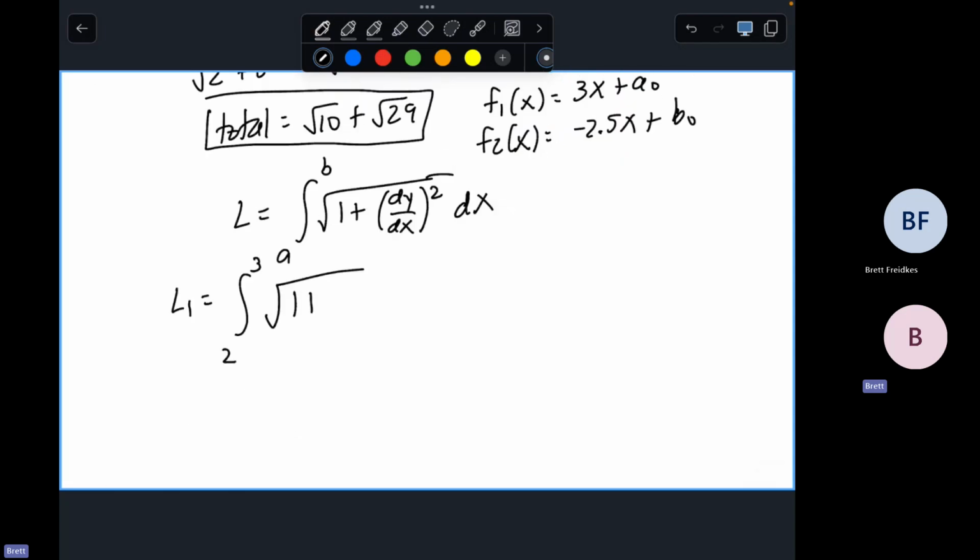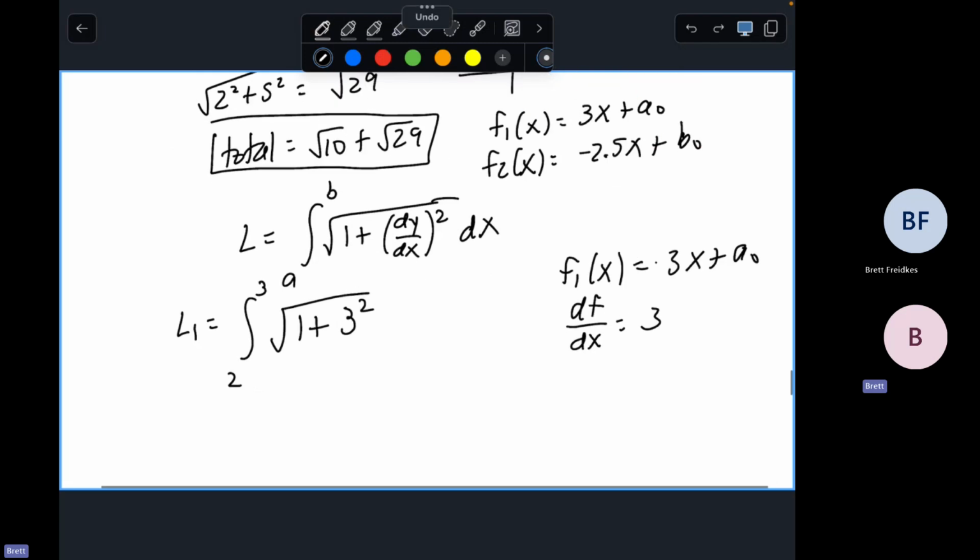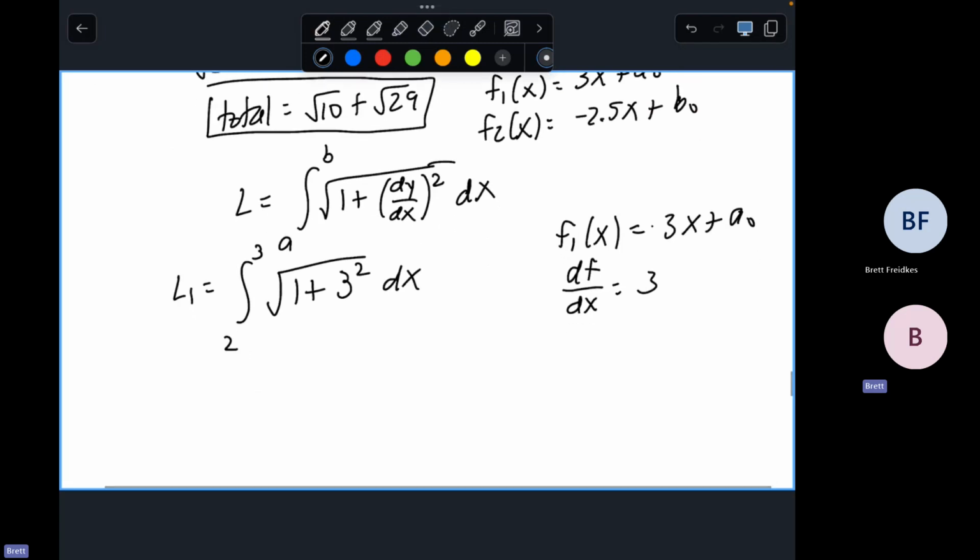The square root of 1 plus, we said that f1 of x is 3x plus a naught. What's its derivative? 3. Oh, look, that's the same thing we have up here. So this would be the square root of 10 integrated.